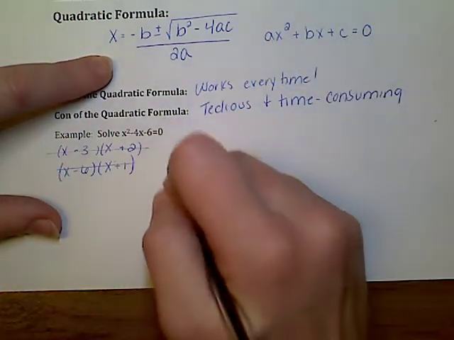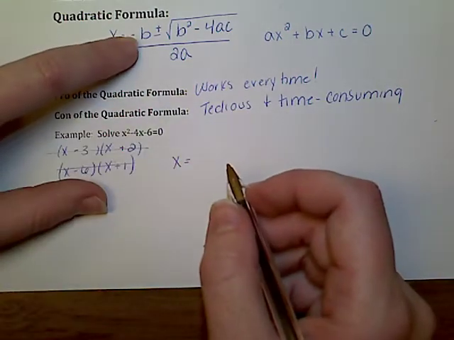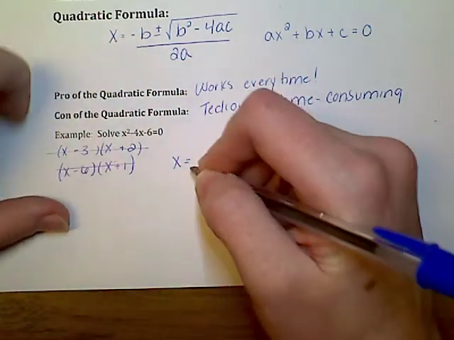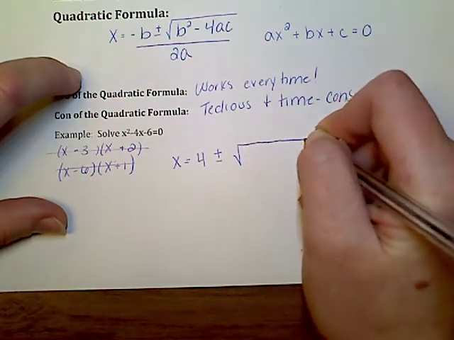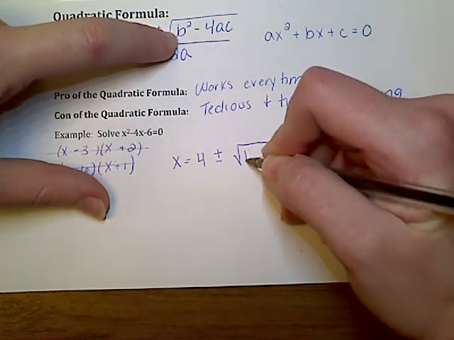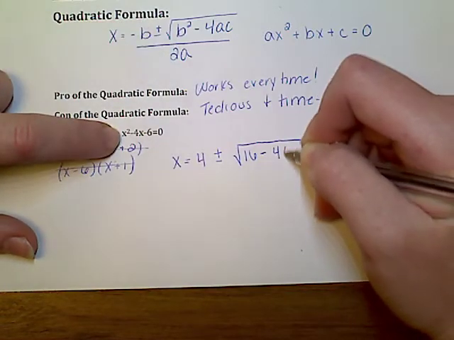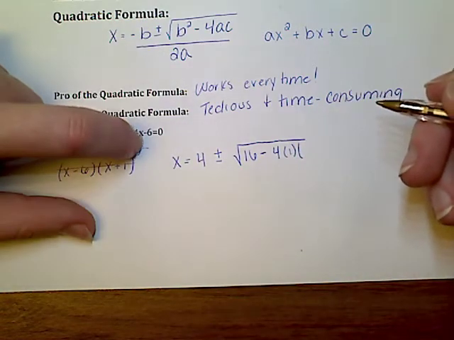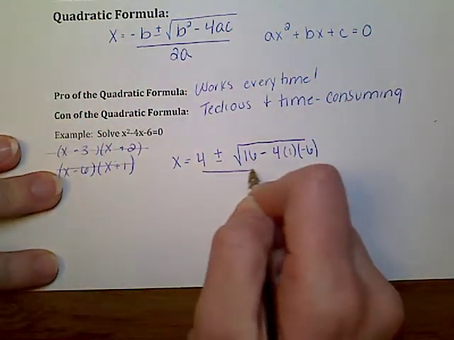So plug and chug. B is -4, so I have a negative b. That's going to be 4 plus or minus b squared. -4 squared is 16 minus 4 times a. A is 1. And then c is -6. And then 2 times a.